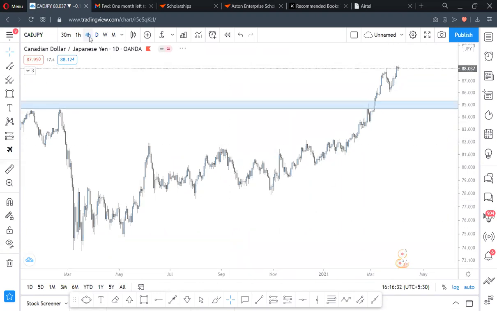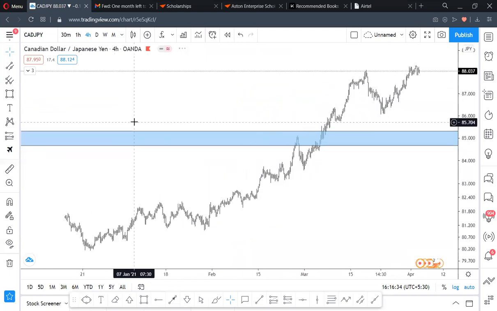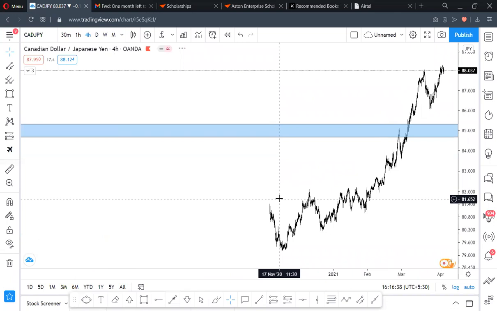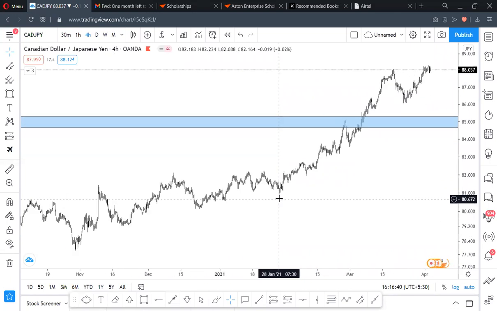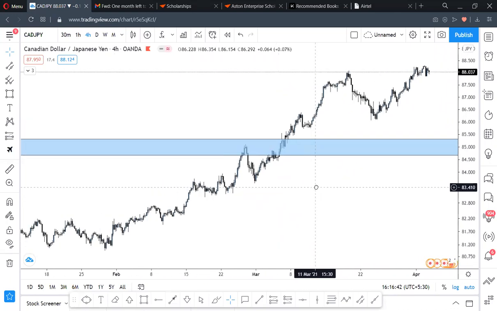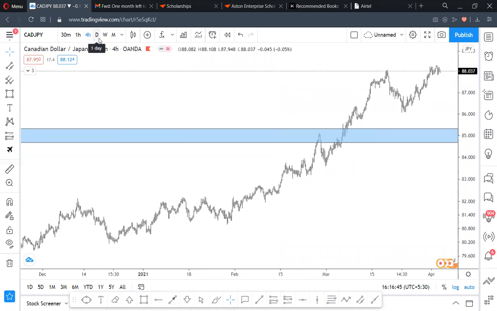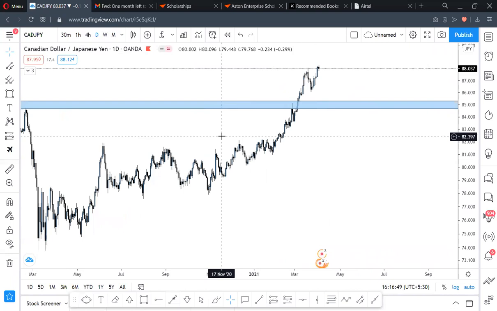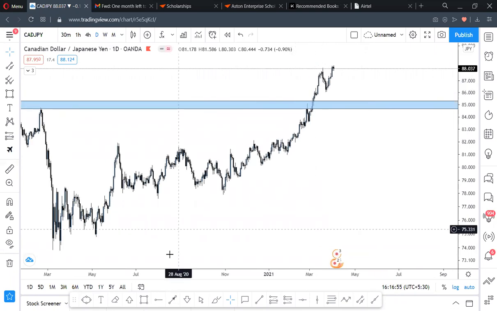Let's go to the H4. Okay, guys, we are still in a bullish run. Let me see something on the daily. Let me draw this zone over here.